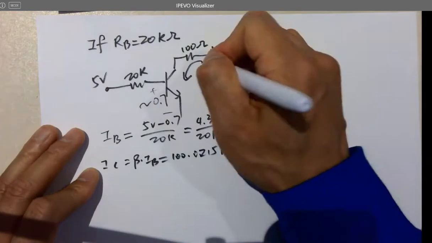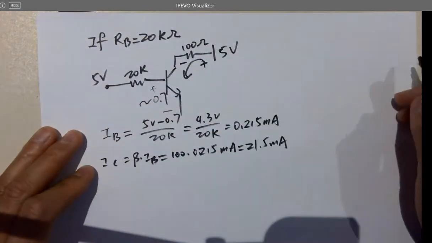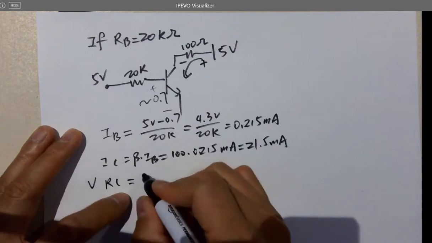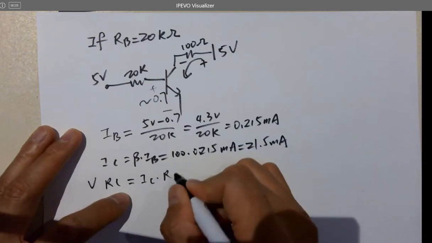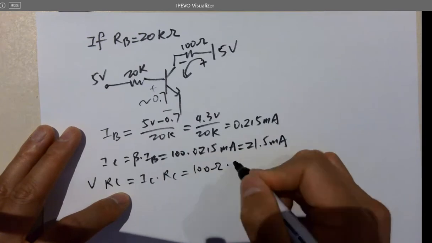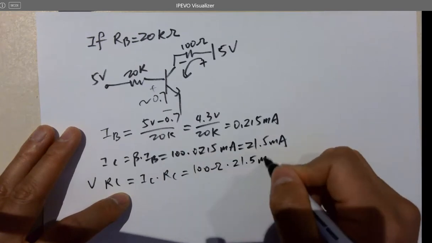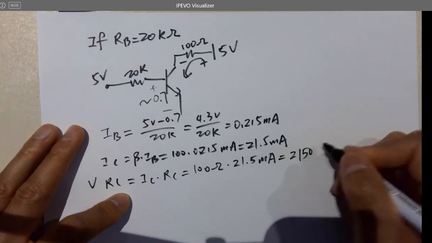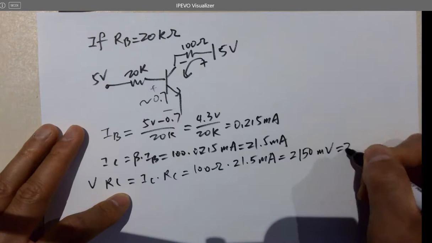So the voltage dropped across that RC, VRC, equals IC times RC, which is 100 ohms times 21.5 milliamps, 2150 millivolts, or 2.15 volts.